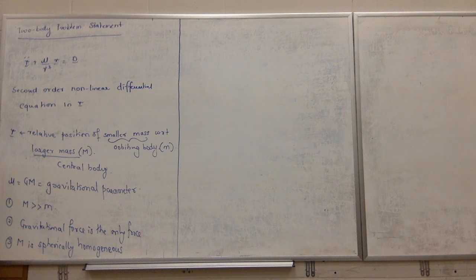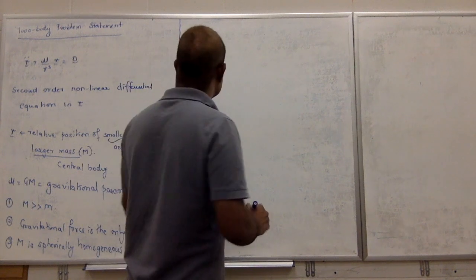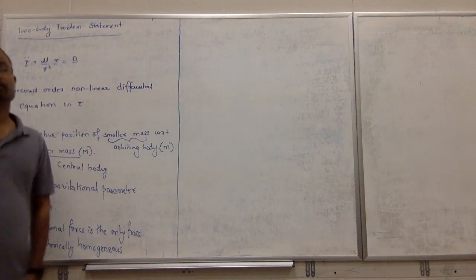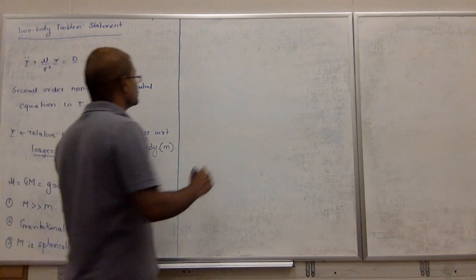So what if it's an asteroid that's not a sphere? In that case, you cannot really apply this. It is definitely not spherically homogeneous. Earth you can still assume, because much of it is spherically homogeneous. But asteroids, it is not.